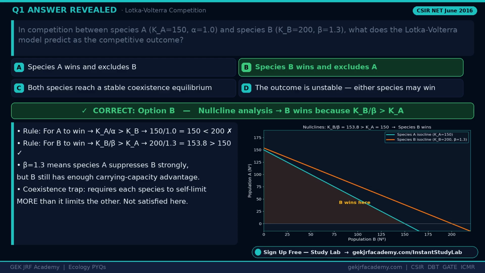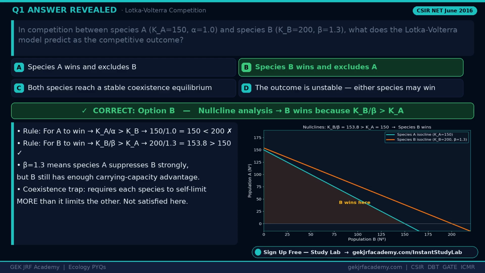That gives us 200 divided by 1.3, which equals approximately 153.8. And 153.8 is greater than 150. So species B wins. The key insight is this. Alpha equals 1.0 means species B suppresses species A exactly as strongly as species A suppresses itself.